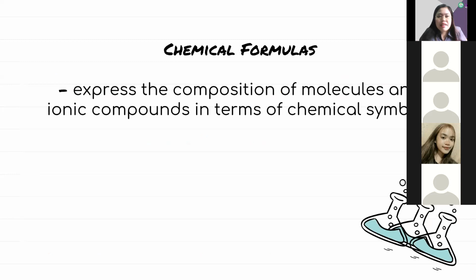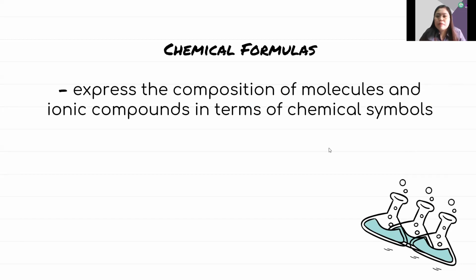Okay? So next, we have the so-called chemical formulas. So ito yung pinagawa sa inyo sa activity number 4 na binigay ang names and then ginawa nyo yung chemical formulas. So when you say chemical formulas, they express the composition of molecules and ionic compounds in terms of chemical symbols.